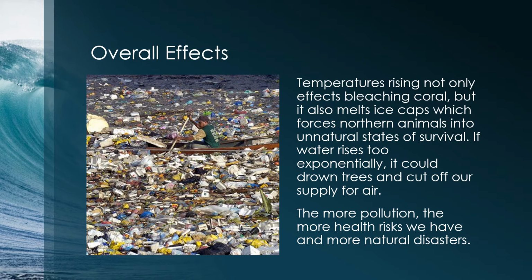It gets worse and worse as it goes through the cycle because we don't have good water to begin with, and going through trees, we don't have good air anymore, and the more pollution we put into the water, the more health risks we will have, and the more natural disasters we'll have. And even drinking polluted water reduces the competence of our immune system, which in turn makes us more prone to various viruses and diseases, and exponentially we are getting weaker and less able to fight off the damage we have created.